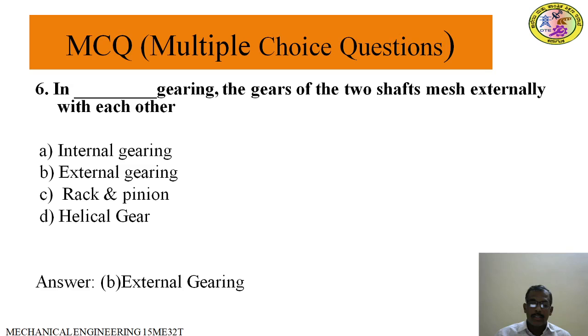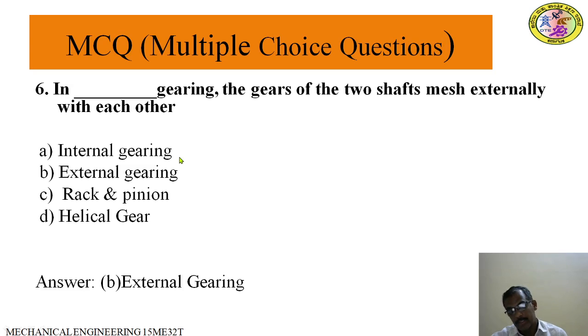So your right answer is external gearing. In external gearing only, the gears of the two shafts mesh externally with each other. When they are meshing externally, that is known as external gearing. When they are meshing internally, that is known as internal gearing.